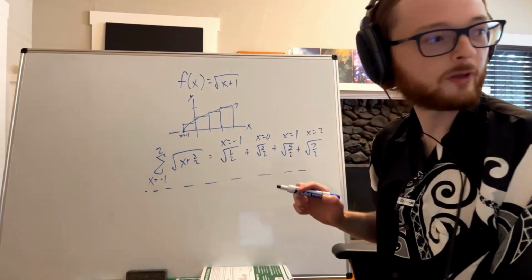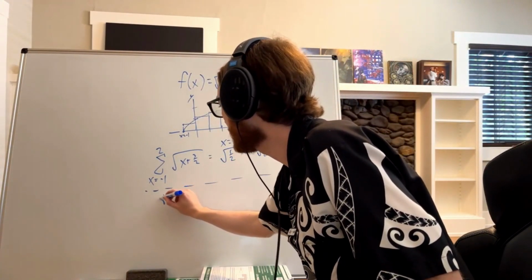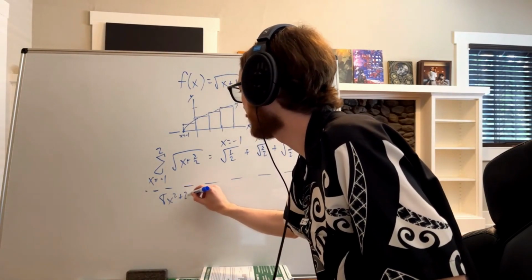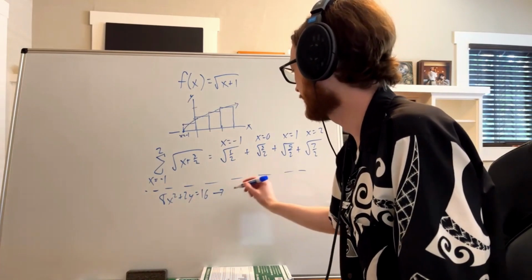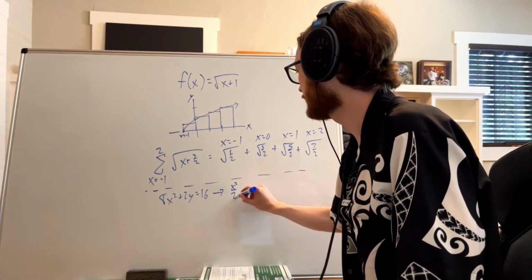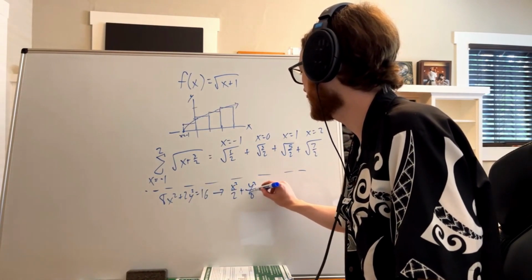But I'll do Shep's thing down here. So I'll just repeat what I was saying verbally. 8x squared plus 2y squared equals 16. You divide this through by 16 to get x squared over 2 plus, oops, that's 2y squared, y squared over 8 equals 1.